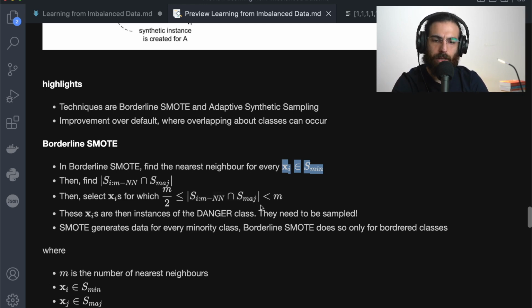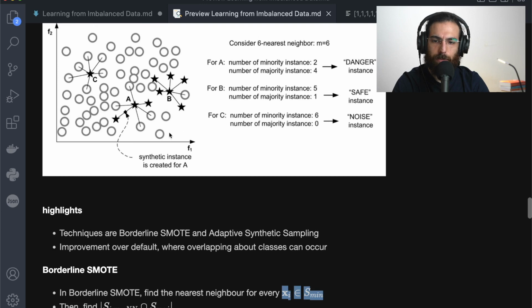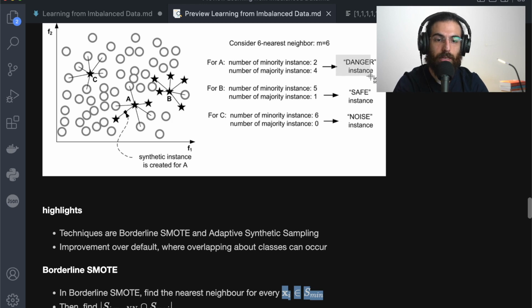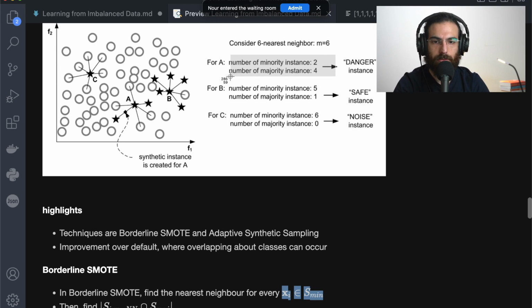Why? If a particular observation from the minority class is surrounded disproportionately by members of the majority class, then this observation falls into a set called the danger set, because they are underrepresented.